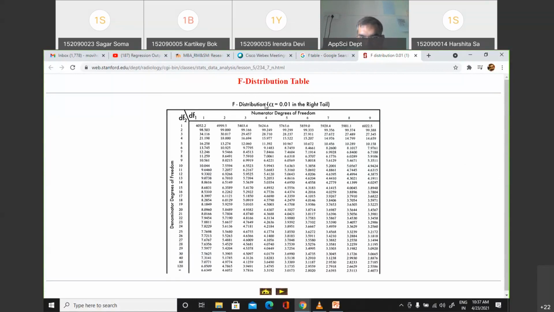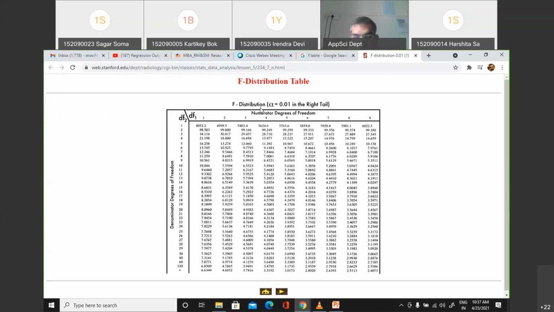And this is given for just one significance level. We studied significance level in hypothesis testing, probably in the last class on hypothesis testing. For each significance level, there will be a different F distribution table.